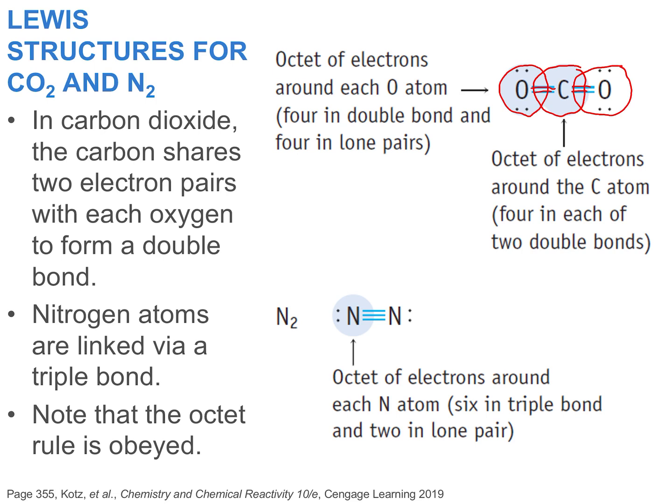Oxygen has 2 lone pairs of electrons and 2 pairs of electrons that are shared with the carbon. Both of those oxygens look like that, whereas the carbon has no lone pairs, no non-bonding pairs. It is sharing all 8 of its electrons in 2 bonds with each oxygen.